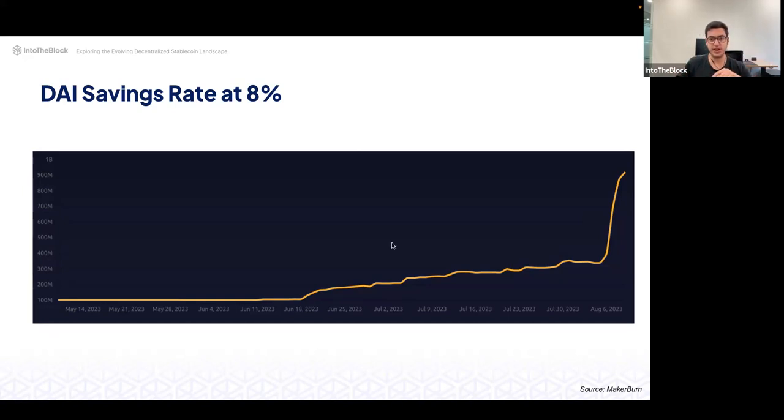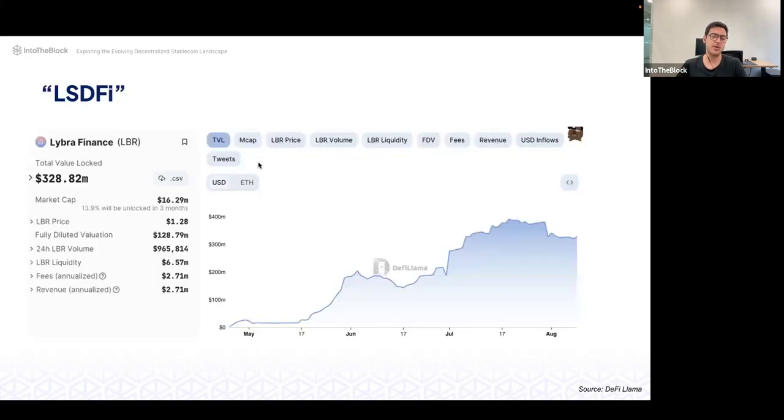So we saw that this weekend, as the DSR was increased to 8%, about 600 million in DAI entered the DAI savings rate, and I believe about 400 million new DAI was minted. So we're seeing the proposal already drive a lot of attention into DeFi, even though there are some changes that Rune is already arguing for to bring that lower.